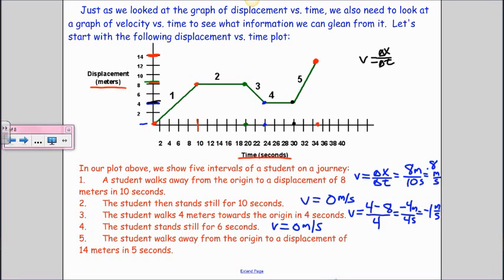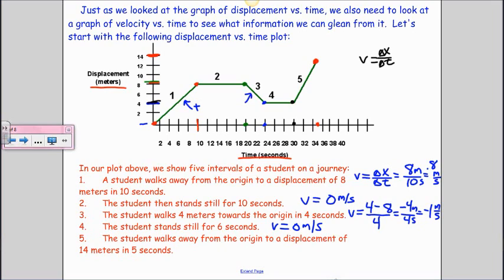The negative represents the student moving back toward the starting point. So in leg number 1, they were moving away, so they had a positive velocity. In part number 3, they were moving back, so they had a negative. And you can see that by the slope of these lines. This slope is positive. It's moving up and away.